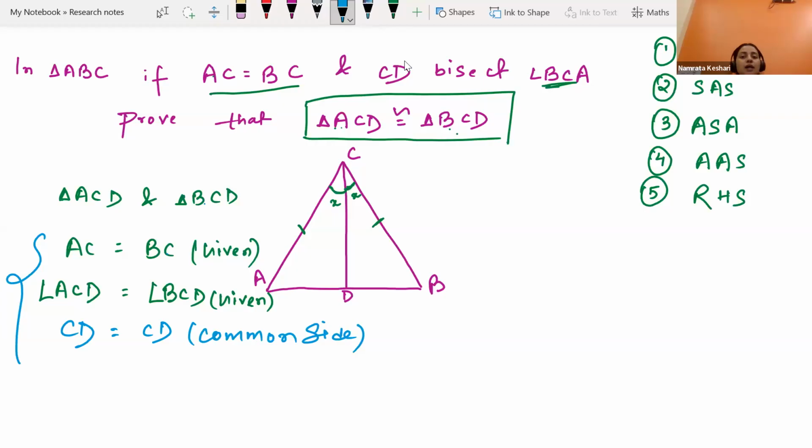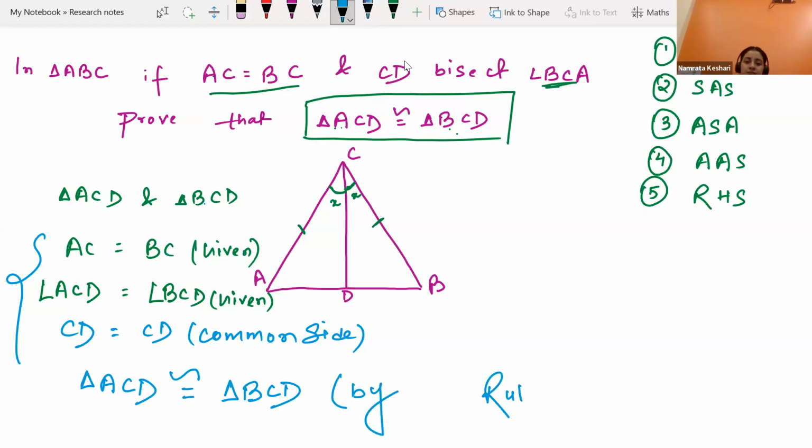Which congruency criteria from these five rules can we apply? Tell me. Ma'am, ASA? SAS. SAS, let's check.